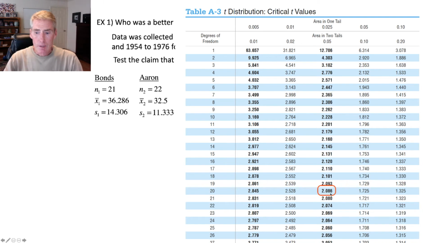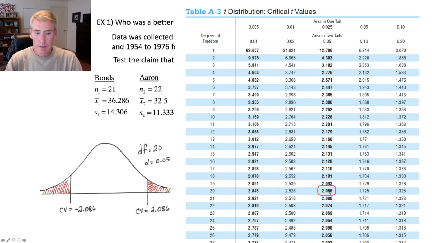And then the magical rectangle says the critical value will be 2.086. So then I draw a little bell-shaped curve. Degrees of freedom is 20 using alpha equals 0.05, or in other words, 95% level of confidence. And since it's two-tailed, we have negative 2.086 and positive 2.086.